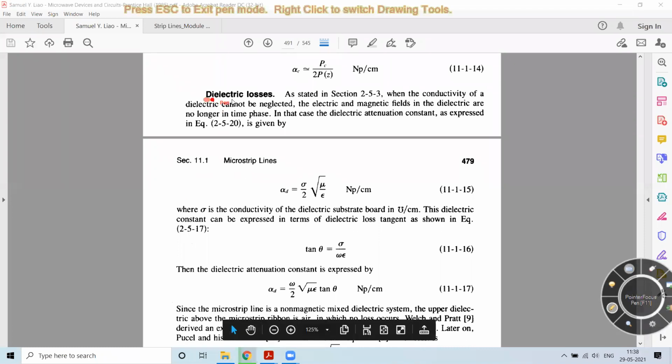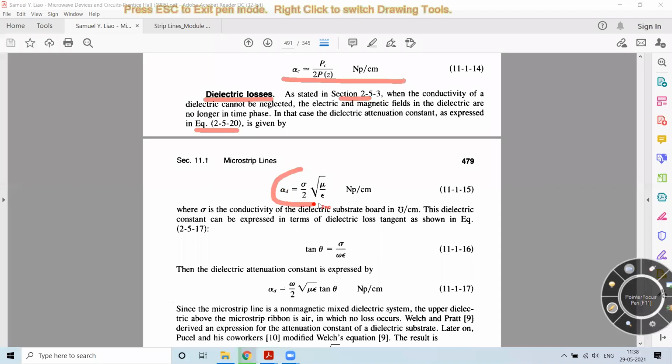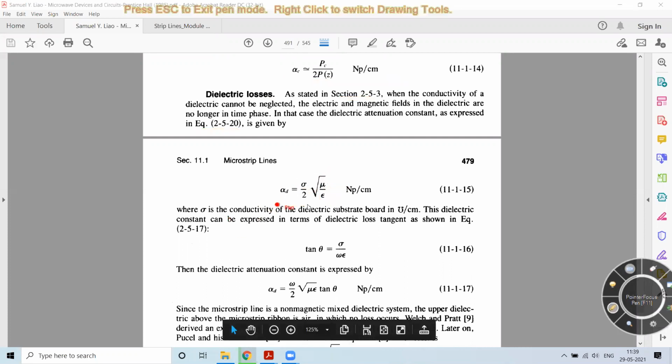Next, we have the dielectric losses. Anyways, we have identified the conductor loss alpha c, apart from alpha d. Based on some previous equations, we can observe that the dielectric loss alpha d is given in terms of the conductivity, the permeability and permittivity. So alpha d is equal to sigma by 2 square root of mu by epsilon.